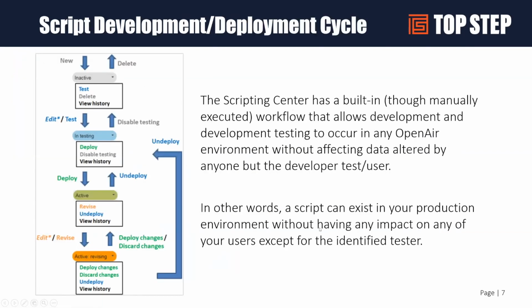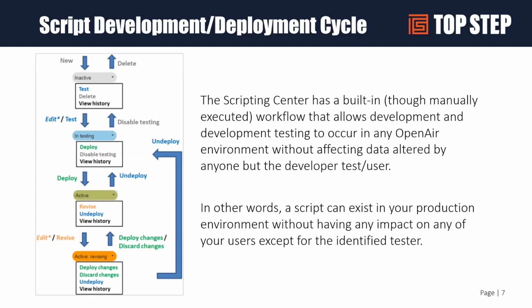Okay, so for script development, OpenAir does have a built-in workflow for scripting. This is manually executed though, so you have to walk through each one of these steps manually. This allows the development and development testing to occur in an OpenAir environment without affecting data altered by anyone but the developer tester.